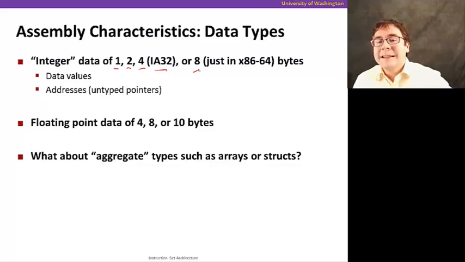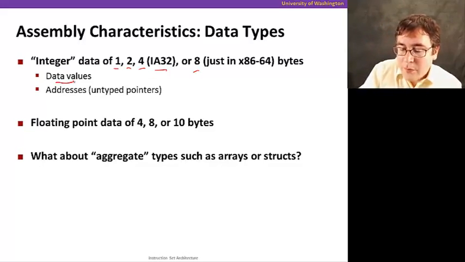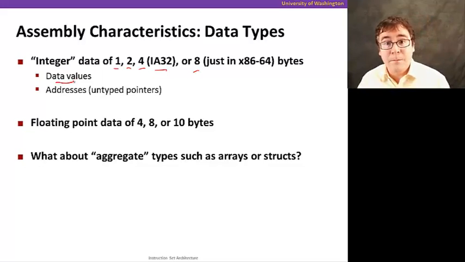Integer data holds both program data in the form of integers, as well as addresses. Note that data in assembly is essentially untyped. A register could hold an integer of a certain width, or it could hold an address. The register doesn't really know; it depends on how you use it. That determines whether it is seen as an address or as a data value.